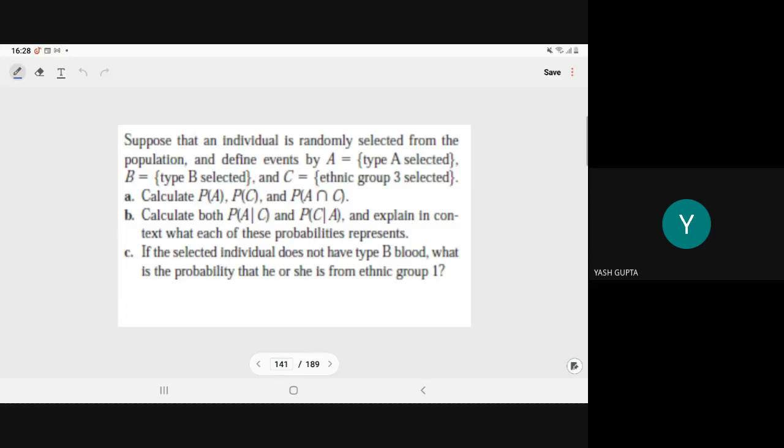Suppose that an individual is randomly selected from the population and define the event A as type A blood group selected, B as type B selected, and C as ethnic group 3 selected.